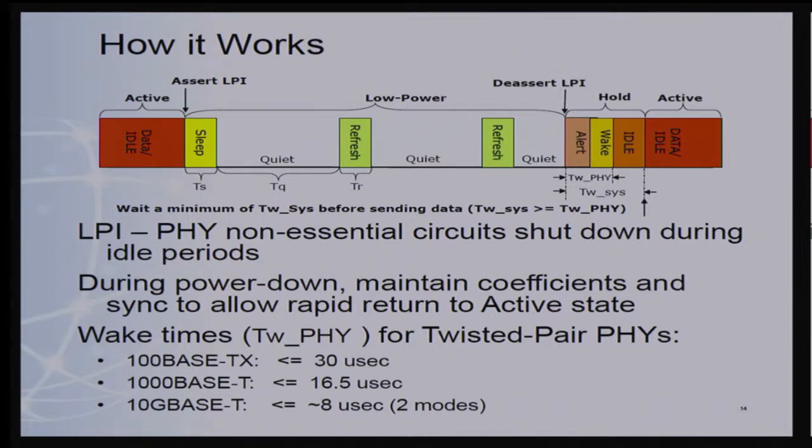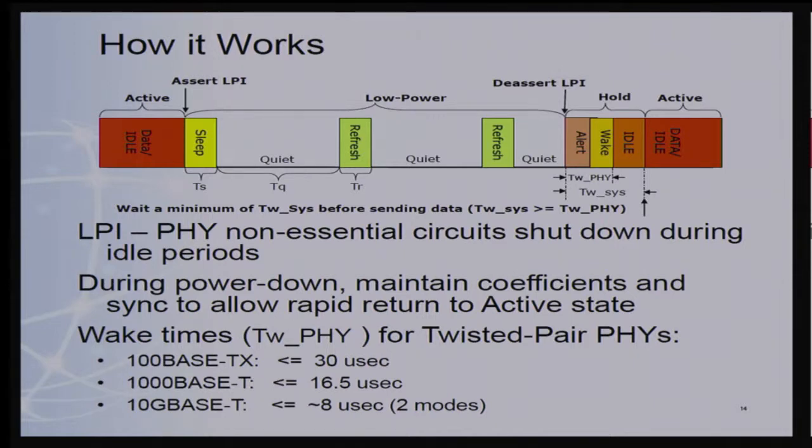If you can accept the additional time to wake up, that creates an opportunity to allow the system designers to shut other parts of the system off, but then take that additional time to wake everything back up again. So it enables people who want to design systems that are more efficient to do so. Now, the trade-off here is that it takes a little bit more time to wake up.